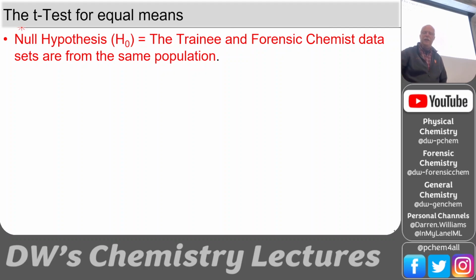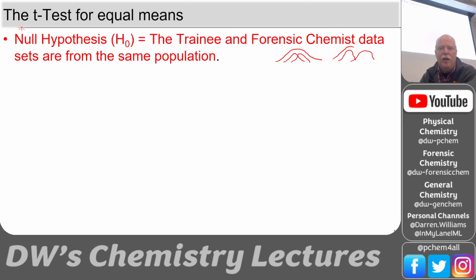So that's the statistical language, but what it means is you have this overall Gaussian curve, that's the population, and you have the trainee and the forensic chemist, and they're close enough that they would fit under that big curve. Does that make sense? If they're not close enough, like this, our big curve would look like this.